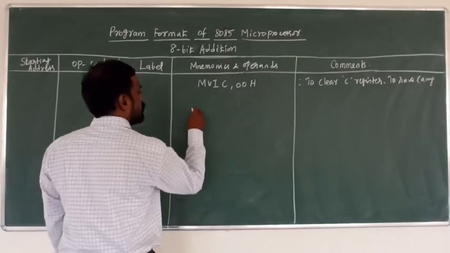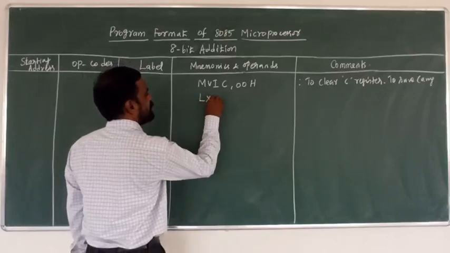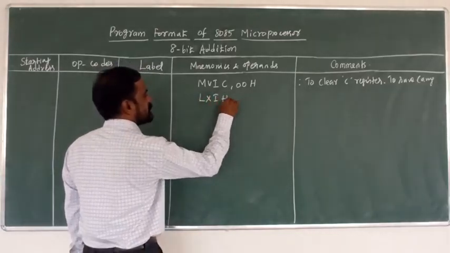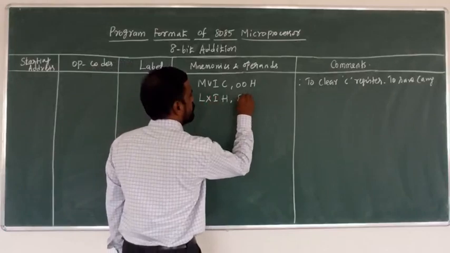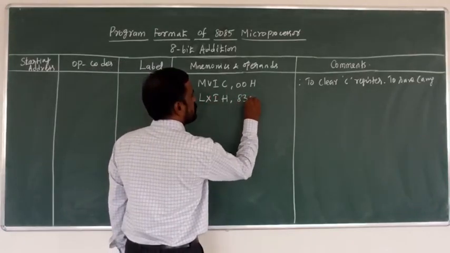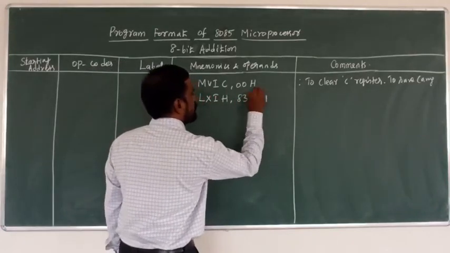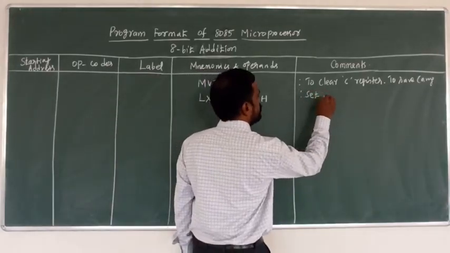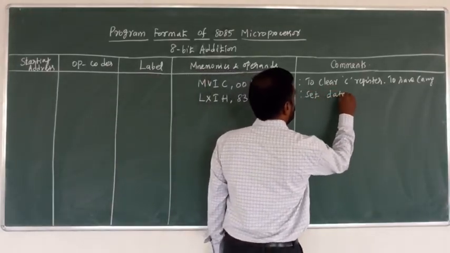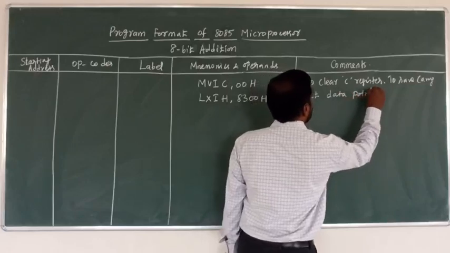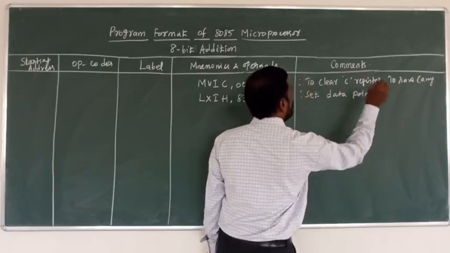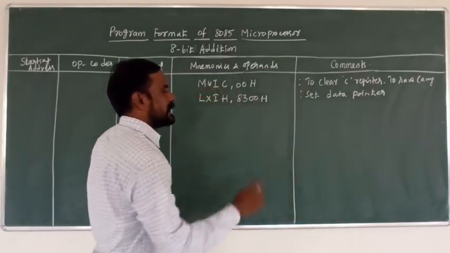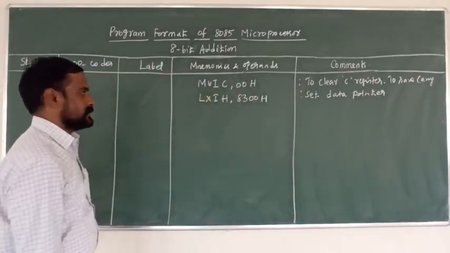Next, load the data address, LXI H, 8300H. This is to set the data pointer where the data is available.